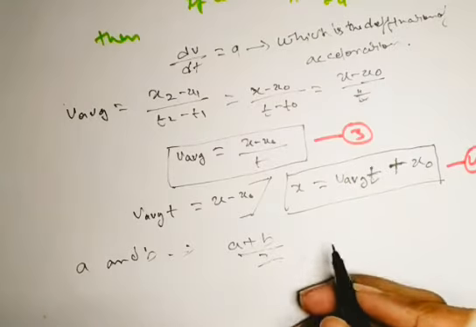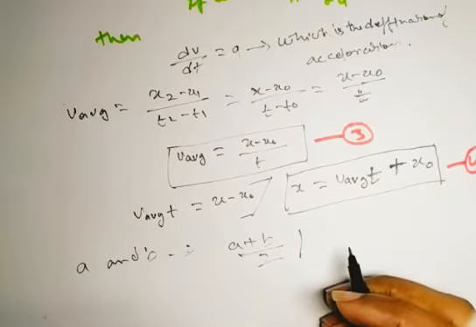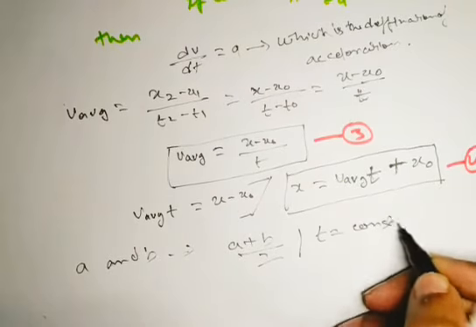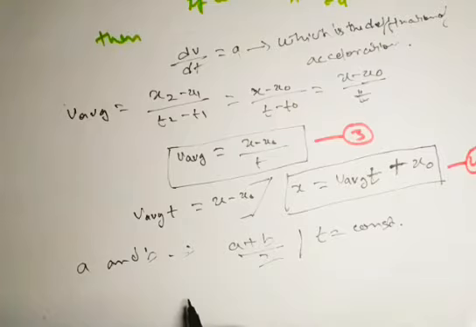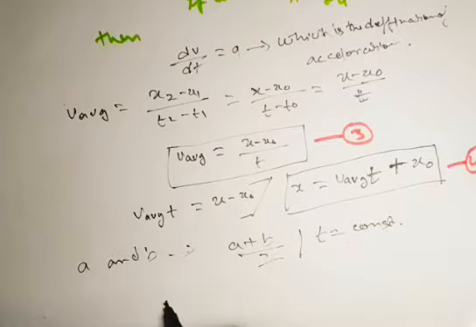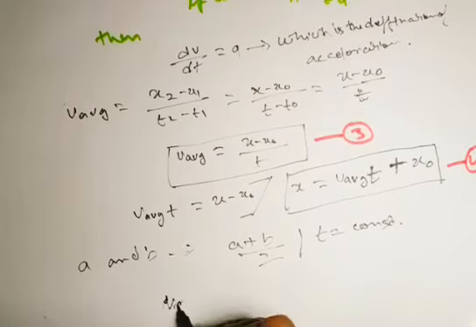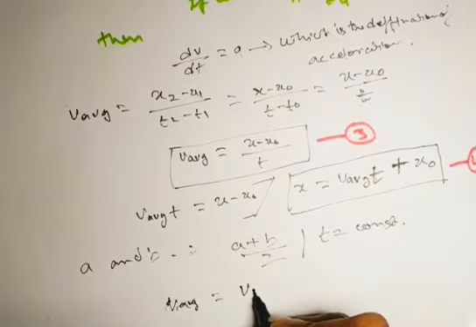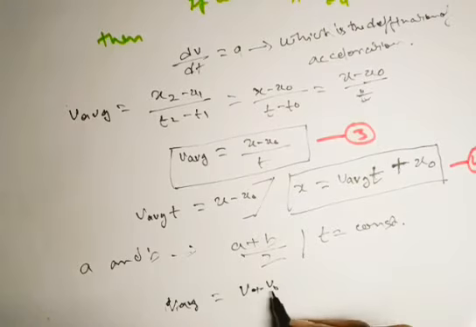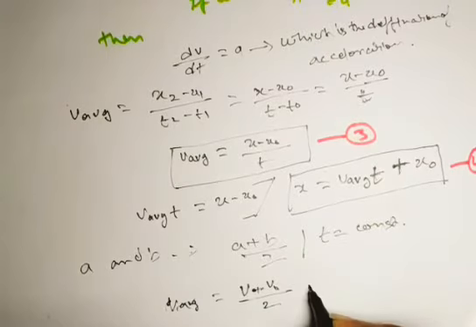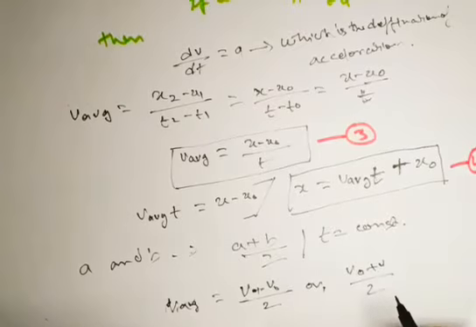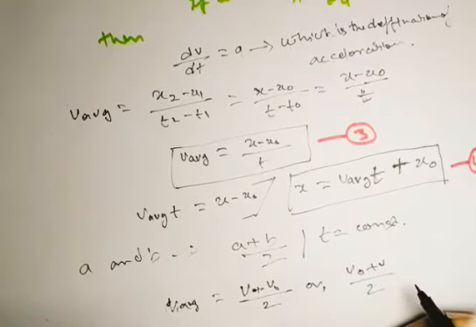So at any time instant, let t be constant, then we can say that v average is equal to v plus v naught upon 2, or v naught plus v upon 2.